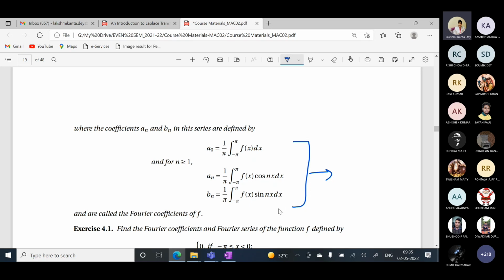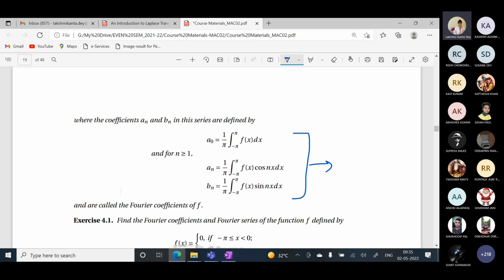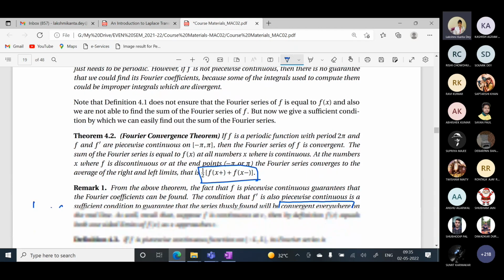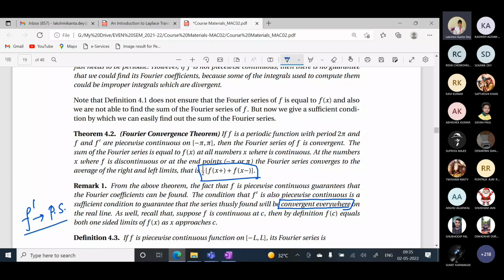In addition, if it is piecewise smooth, then the series will be convergent. That is very essential, because otherwise we cannot say where it actually converges, such as the summation of 1 by n square or any other series. From this fundamental theorem related to Fourier series, it is an important tool to say where the function will converge.